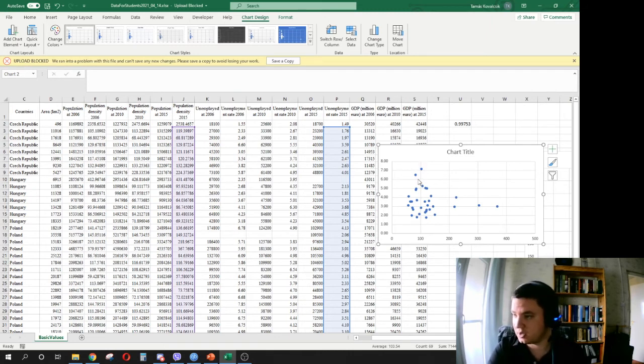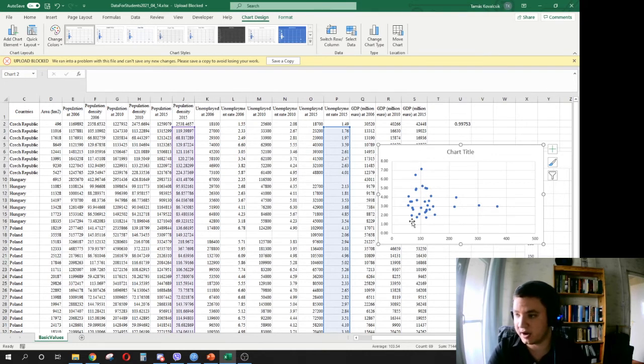We have a very low population density, for example, rural area. These units are rural area, below 100 people per square kilometer.